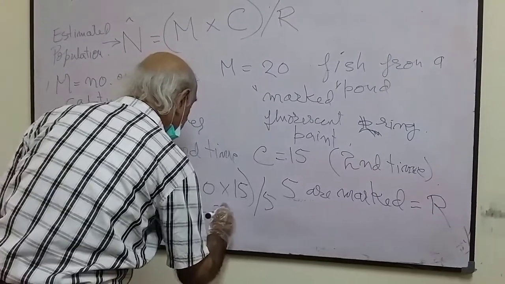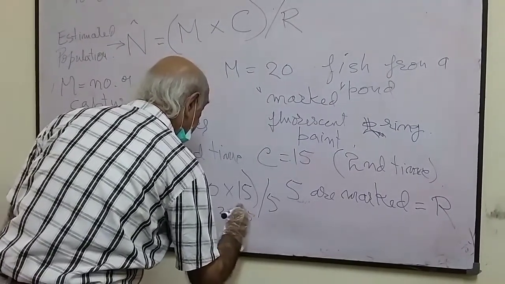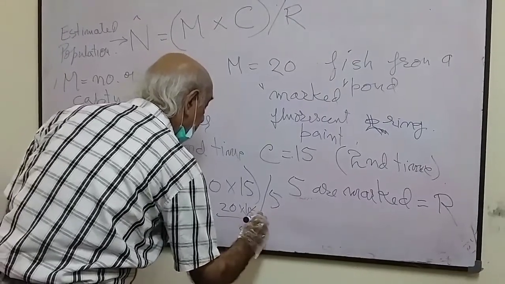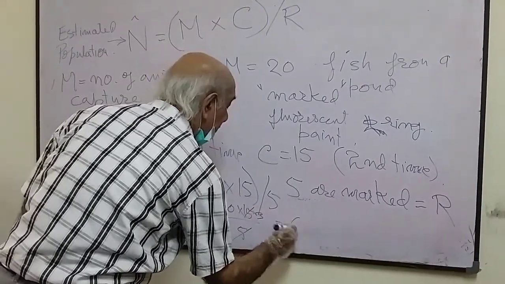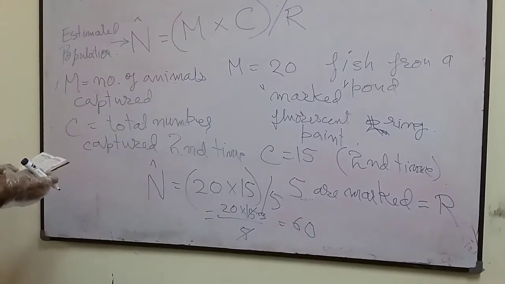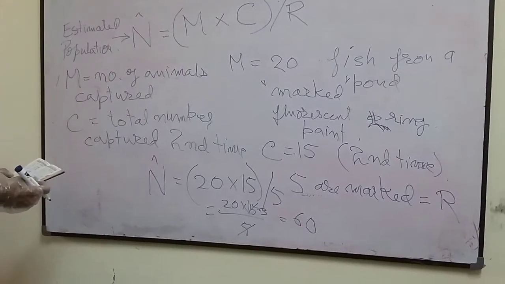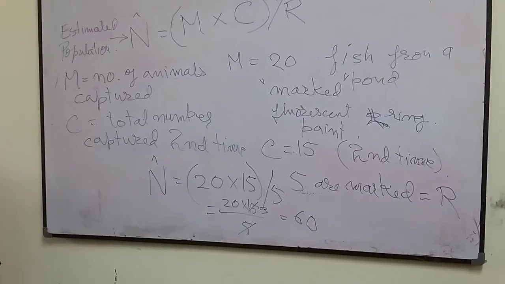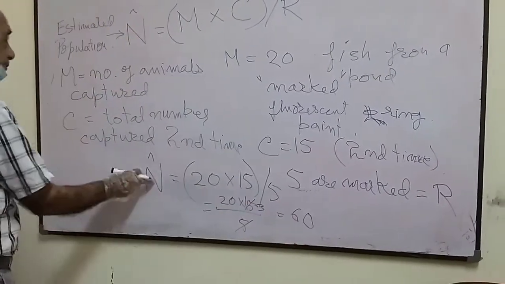So 20 into 15 divided by 5 gives you 60. Population size is 60.